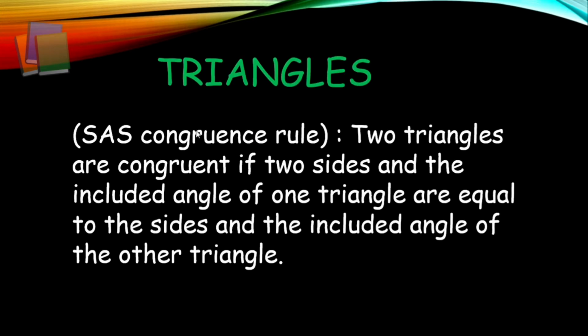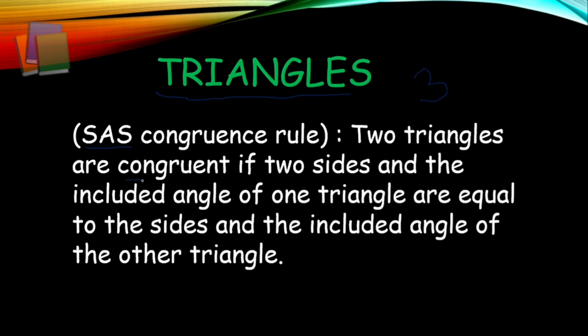And now let's have a look at the congruence of triangles. In the case of triangles, we just need three criteria to prove that one triangle is congruent to the other. We can't take any random criteria, but we have some rules called congruence rules, which have three criteria so that we can prove two triangles to be congruent.